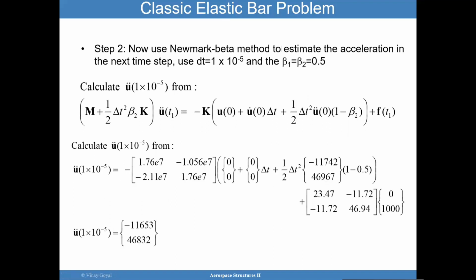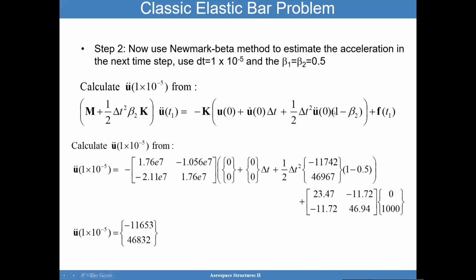So once I know the accelerations, I want to use a Newmark beta method to estimate the acceleration. And so the next, I want to use a time step of delta t of 1 times 10 to the minus 5. And I want to use the beta 1 or beta 2 of 1/2, if that's okay. So we're going to calculate the accelerations in the very next time step from the following equation that we saw earlier. So I know the deflections at time equals 0, the velocities at time equals 0.